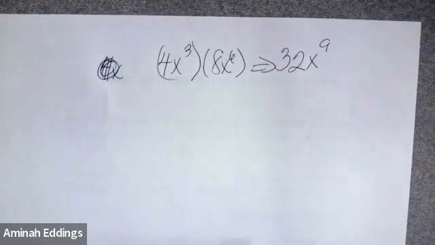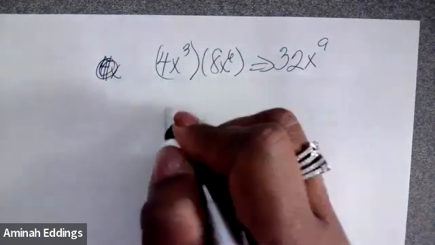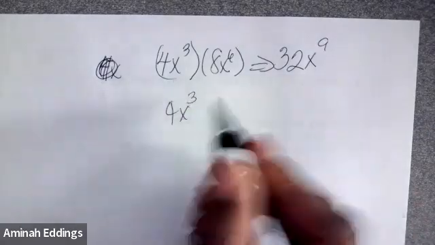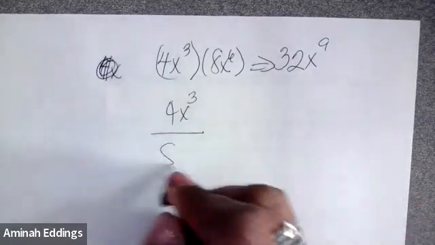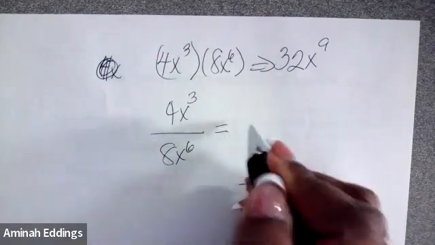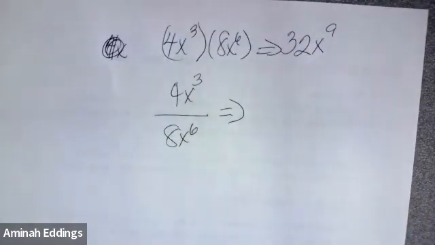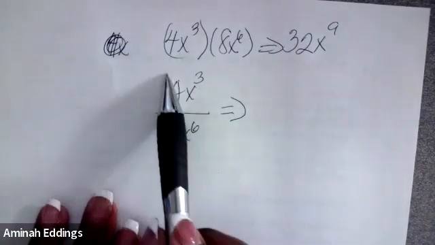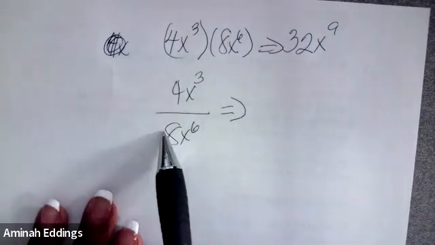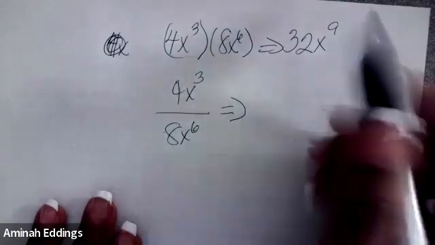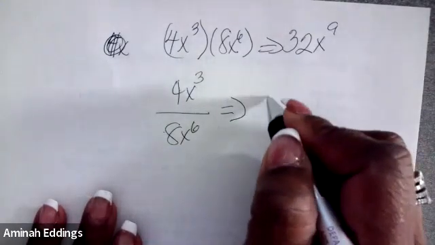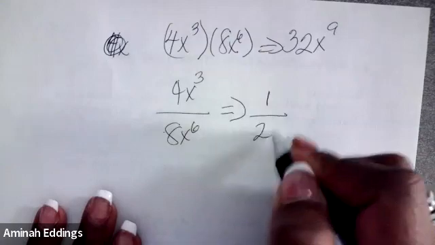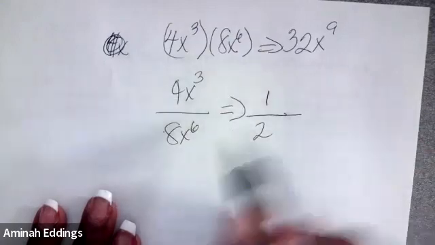What do we do when we divide? If I gave you 4x to the third over 8x to the 6th, what do we do there? We divide the numbers, right? And subtract the exponents, exactly. So 4 divided by 8 is 1/2, correct? And then we subtract.